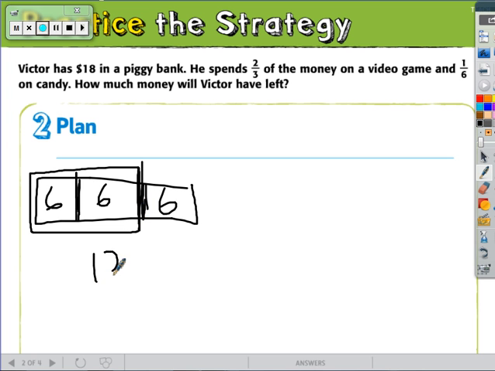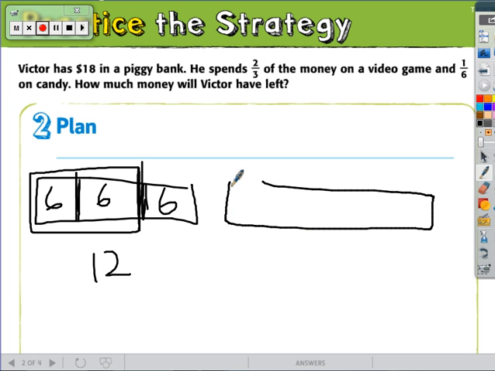12. Now I have another fraction I need to model. What is it? 1/6. Now, has my whole number changed? Does my whole piece change?